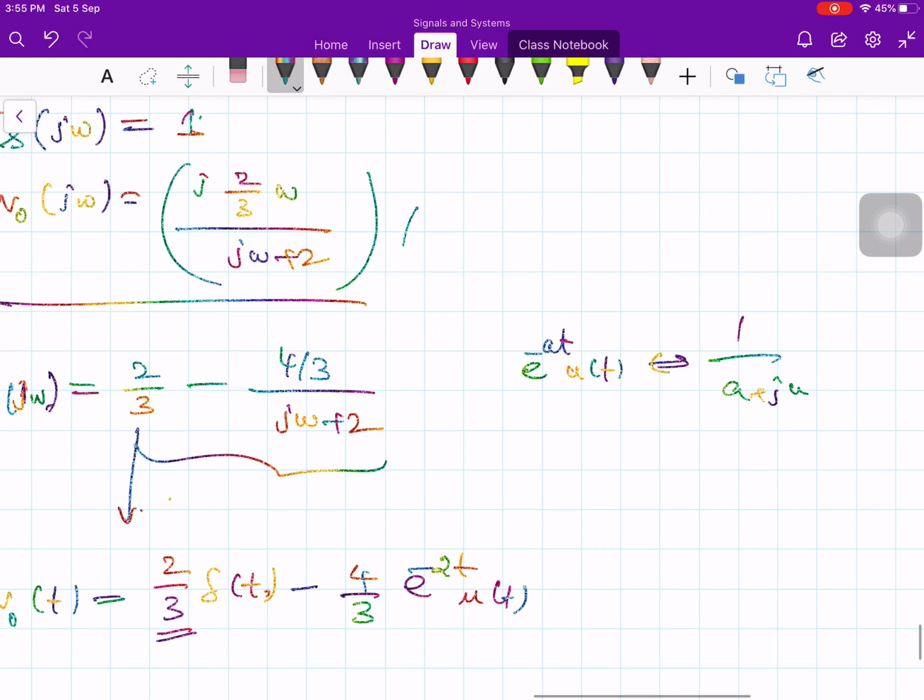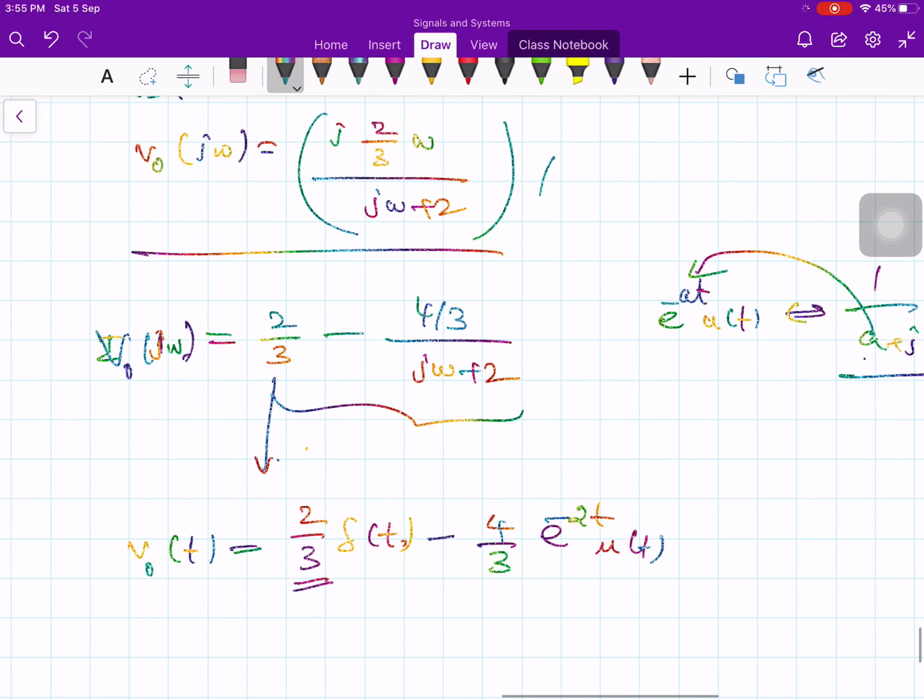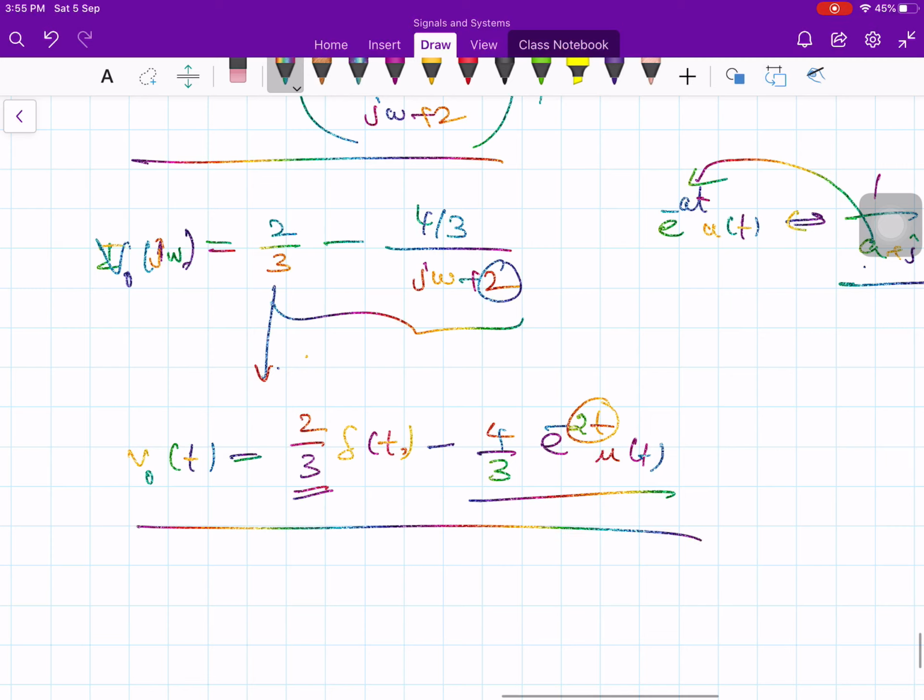So instead of a, I have 2, so e to the minus 2t times u of t. So this is the total response of the system when the input is a unit impulse, and this decaying part is called the natural response, or complementary solution.